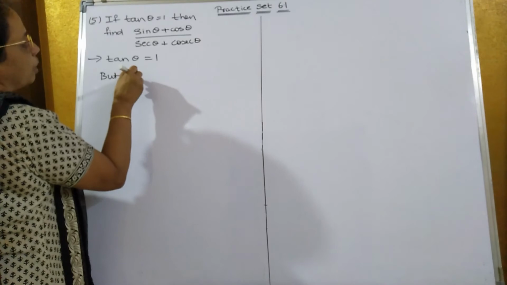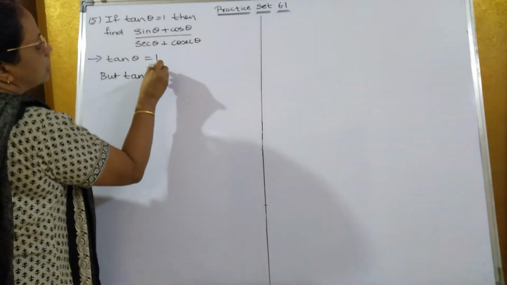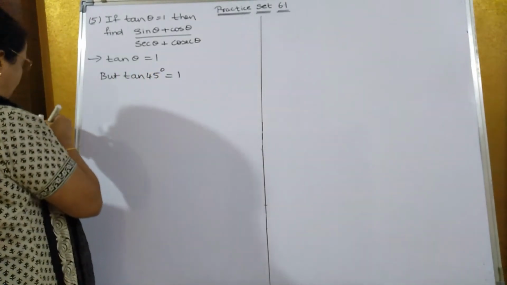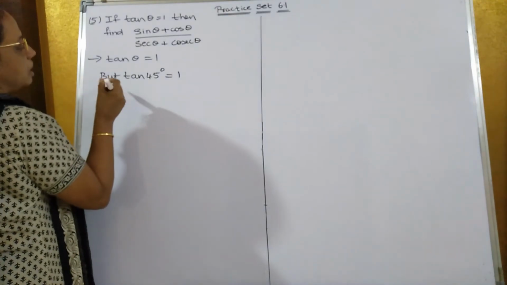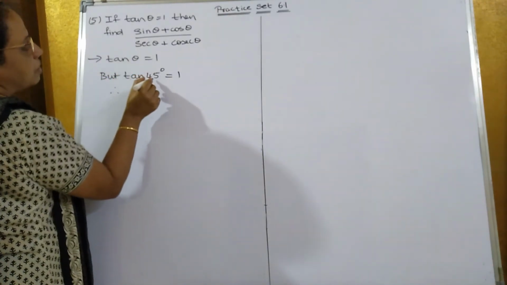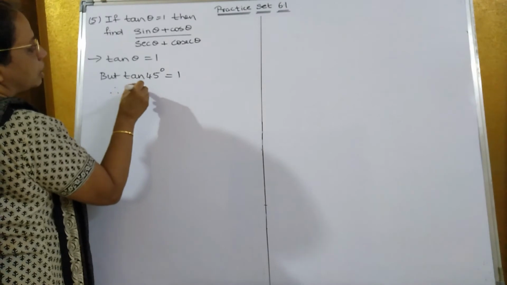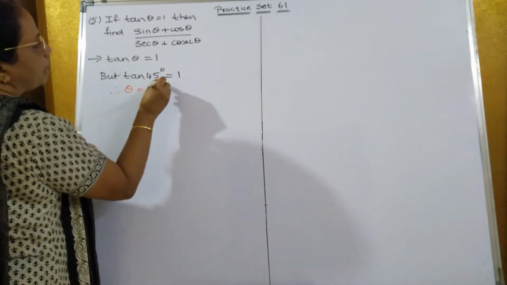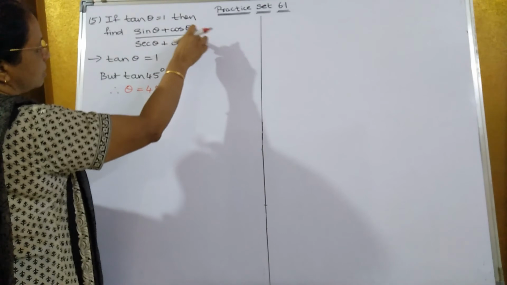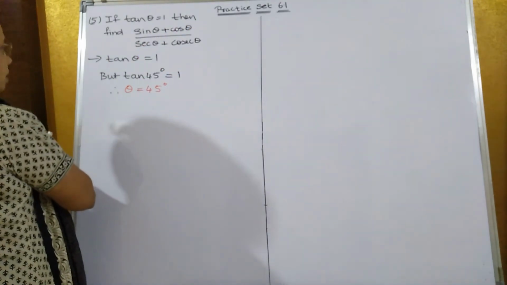Tan 45 degree is equal to 1. Therefore theta is equal to 45 degrees. So wherever theta is there, put the value of 45 over there.